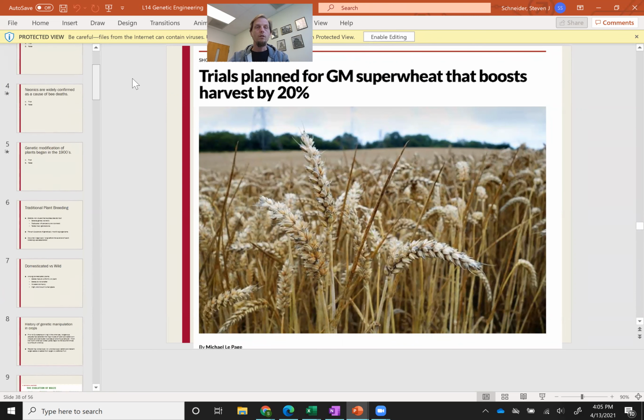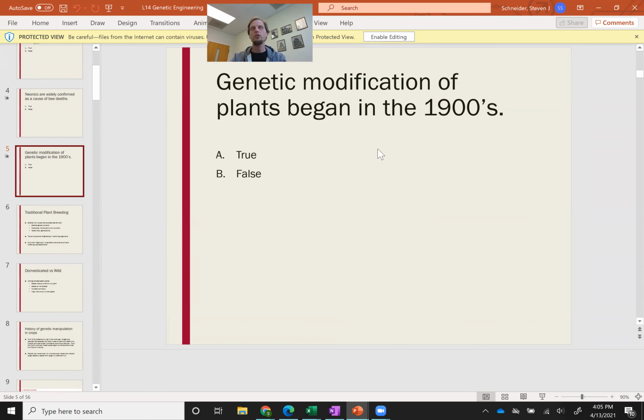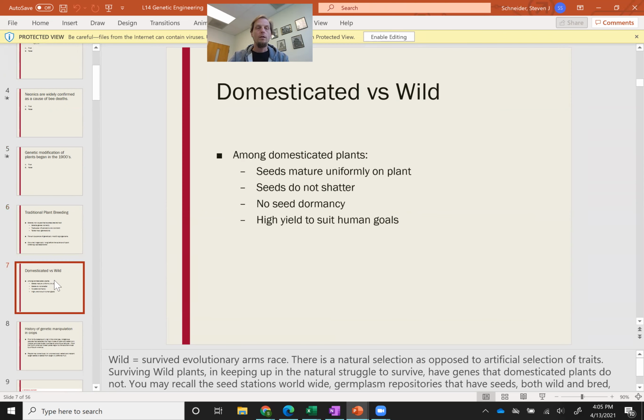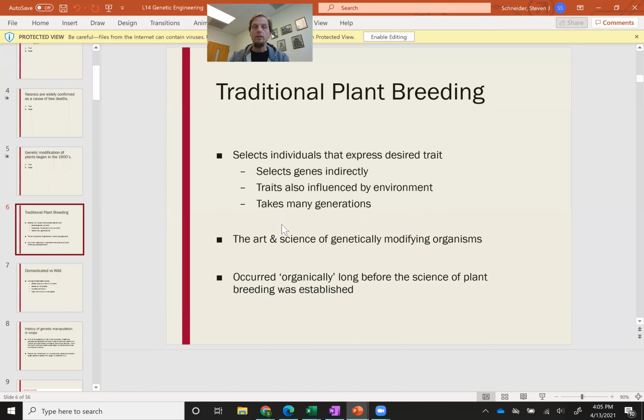Anyway, long story short, on genetic modification: modification has many definitions. We began talking about traditional plant breeding and domesticated versus wild. If you're talking about general genetic modification of any sort, it began well before the 1900s, going back to Europe and even pre-European times.